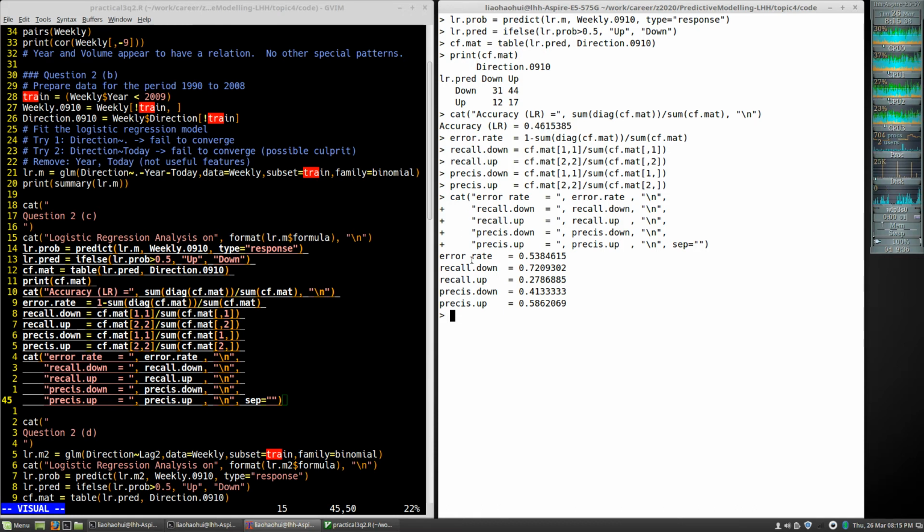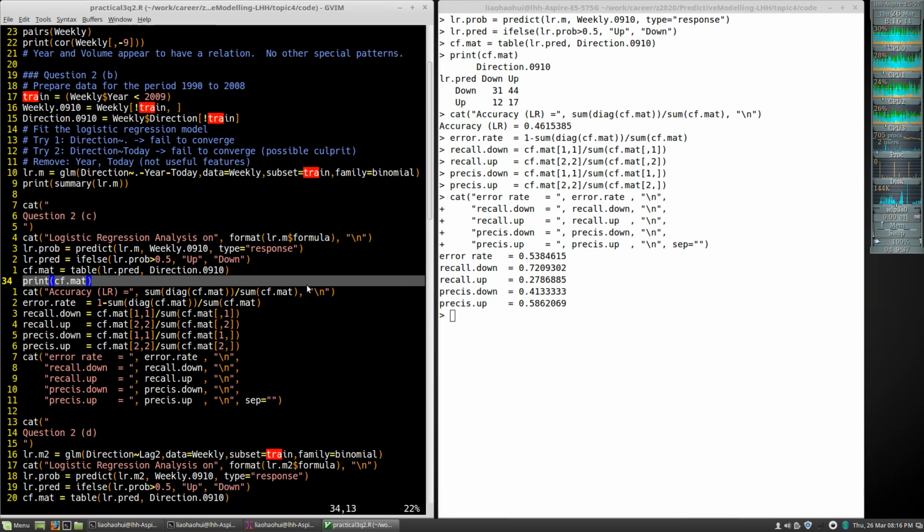Finally, we can perform calculations based on the formulas we learned during lecture: the error rate, which is just the complement of accuracy, the recall for Down and Up, which are the sensitivity and specificity, and the others, which are the PPV and NPV. So that is all we have for part C.